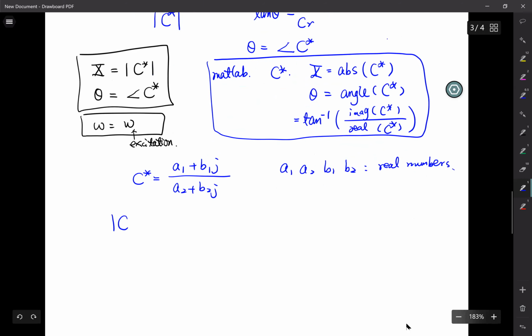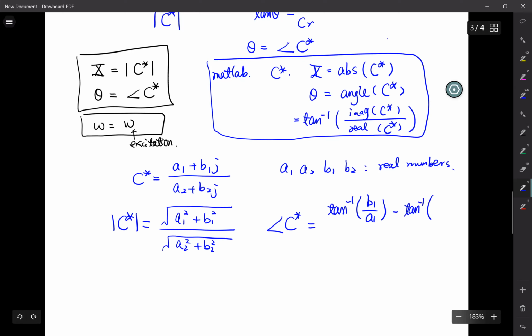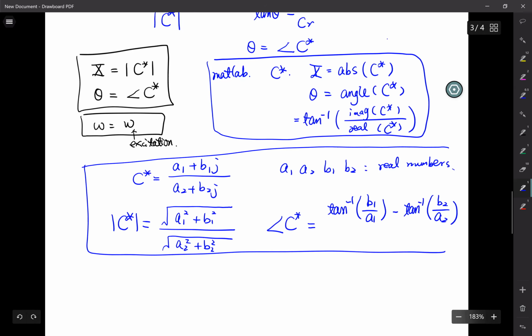So the magnitude of a complex number in this format is given by the ratio of the two magnitudes, and then the angle of this complex number is tangent invert B1 over A1 minus tangent invert B2 over A2. If you want to calculate by hand, that's what you have.